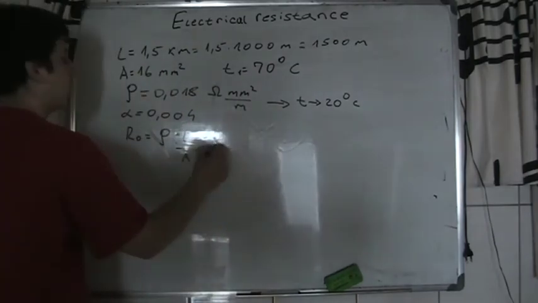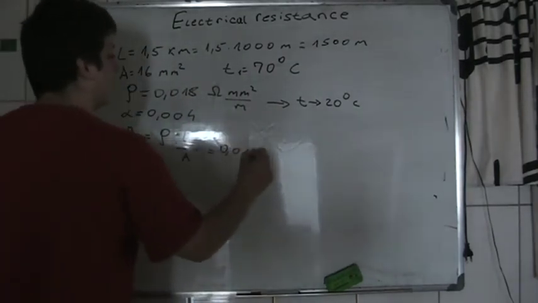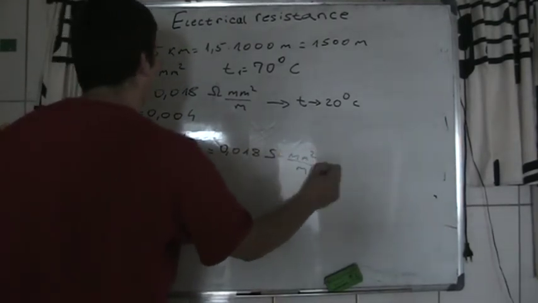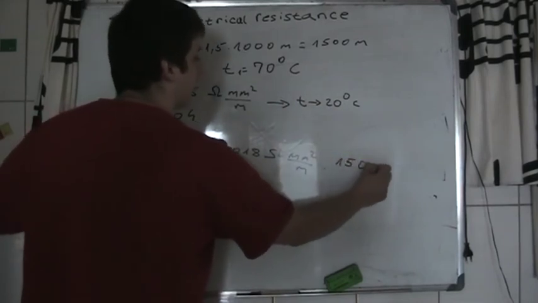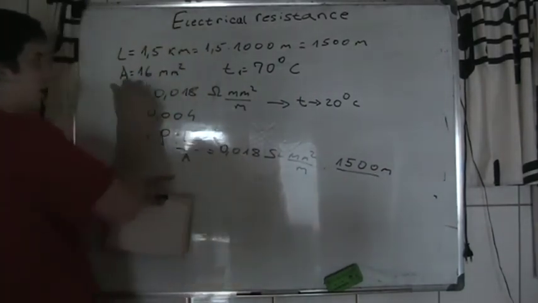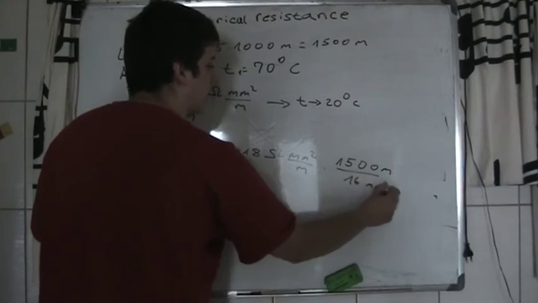So 0.018 ohms millimeters squared per meter times 1500 meters divided by the cross-sectional area, 16 millimeters squared.